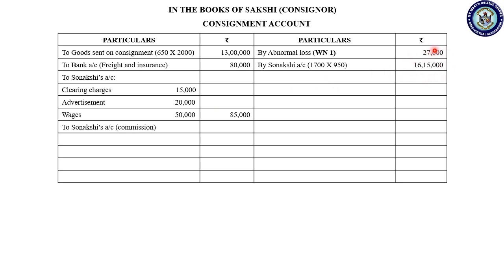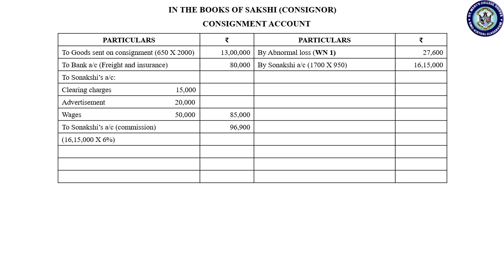Sonakshi sold 1,700 units, total value 16,15,000, and on that 6% comes to 96,500. So only that much.